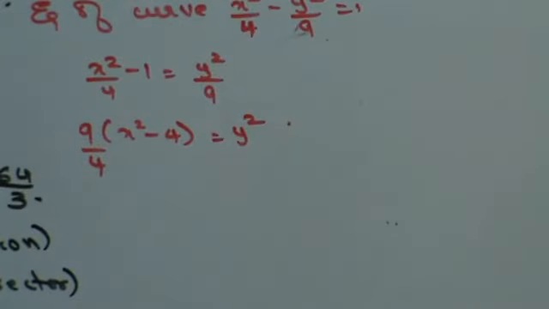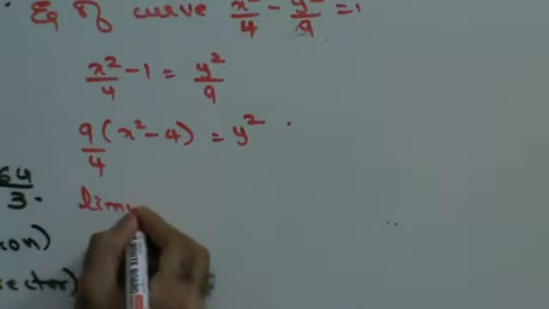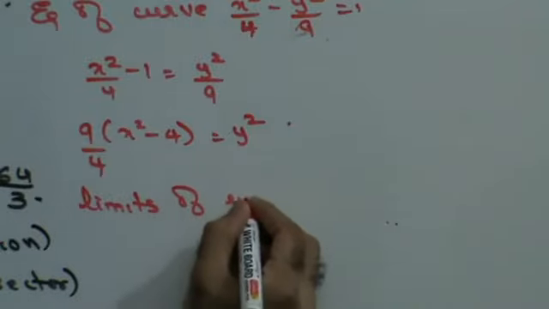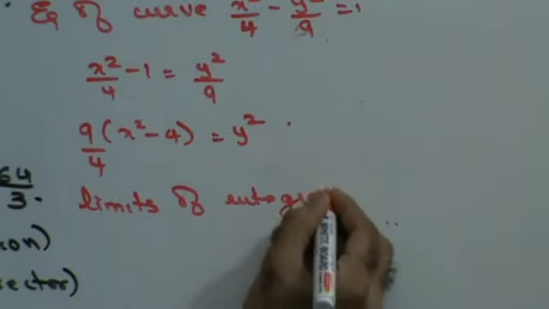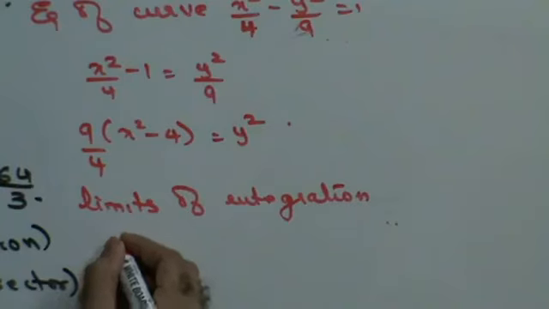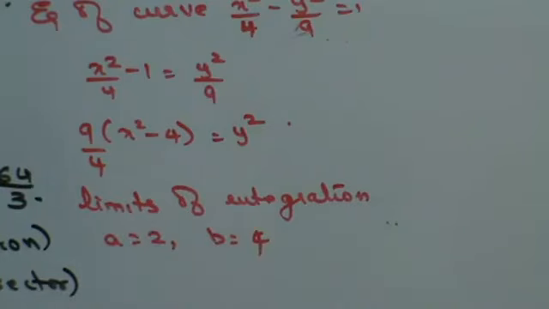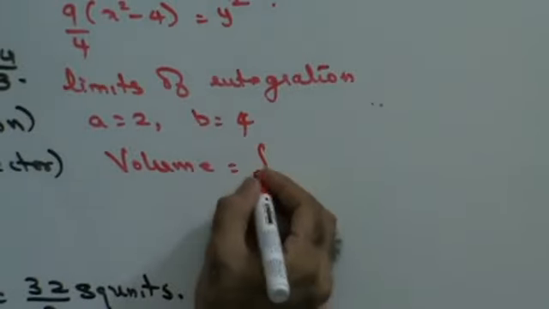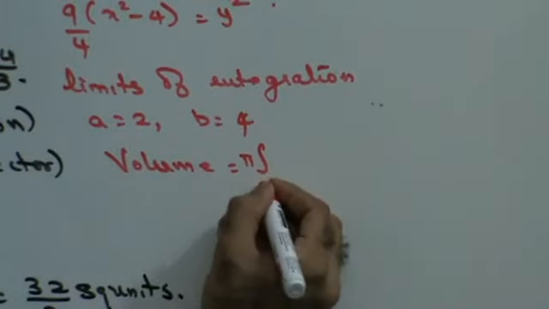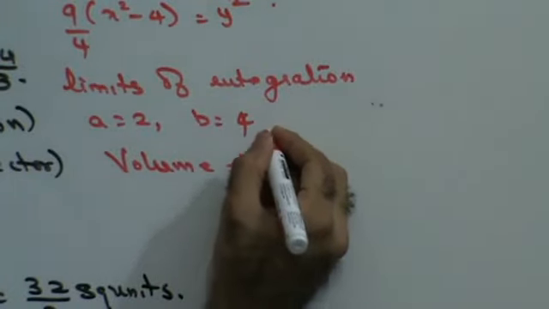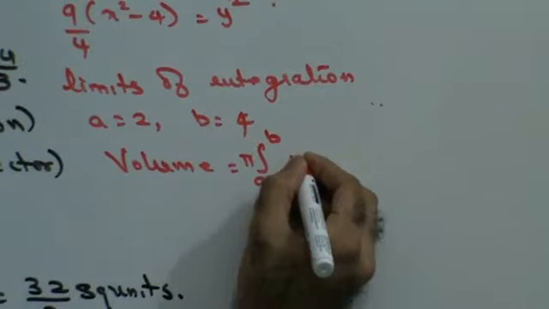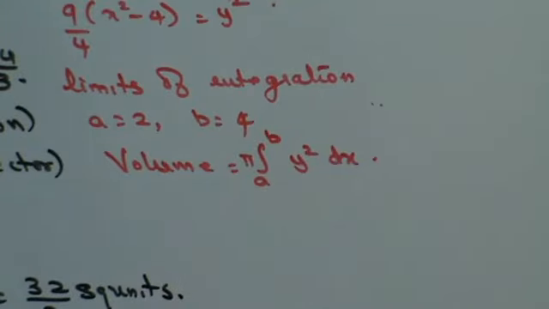Let's leave that there. Limits of integration. The limits of integration are given to you as lower limit 2, upper limit 4. So in that case, I can find out the required volume. Required volume is pi times integral from lower limit to upper limit of y square dx, right?